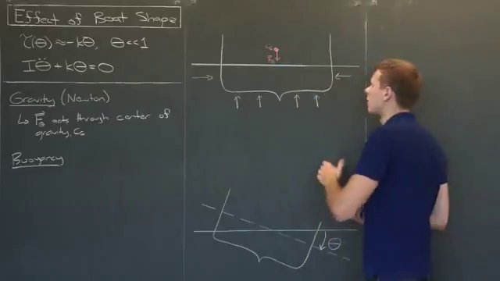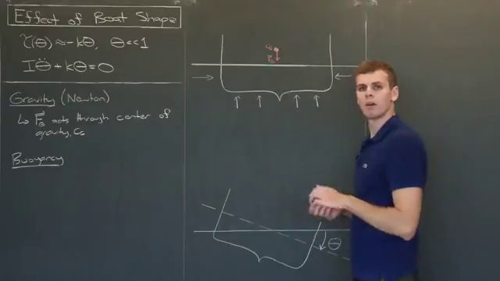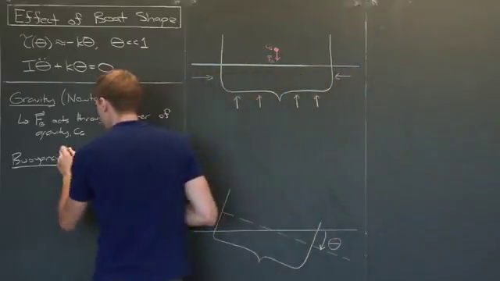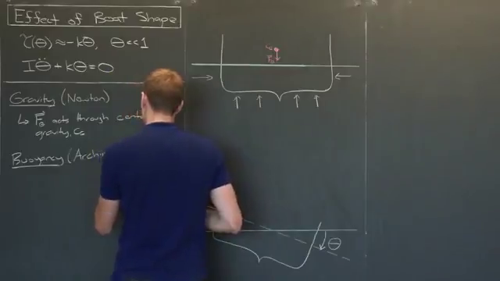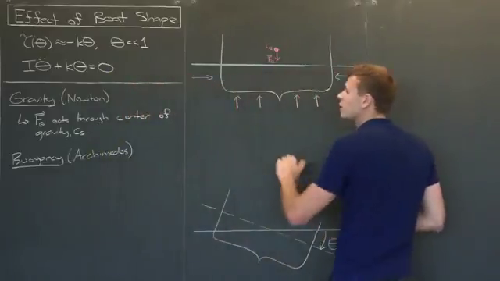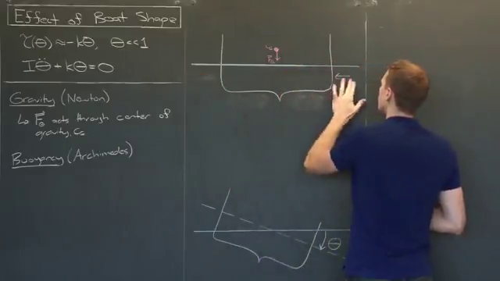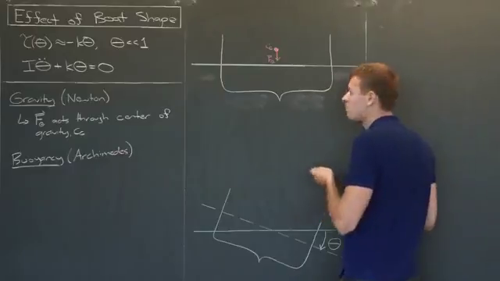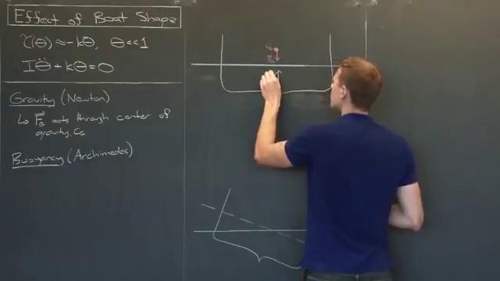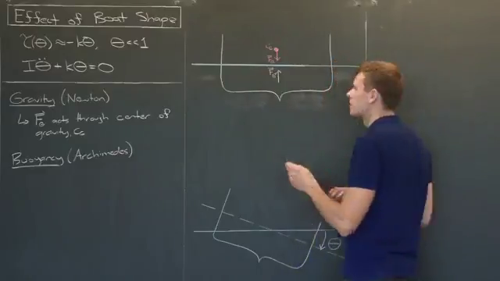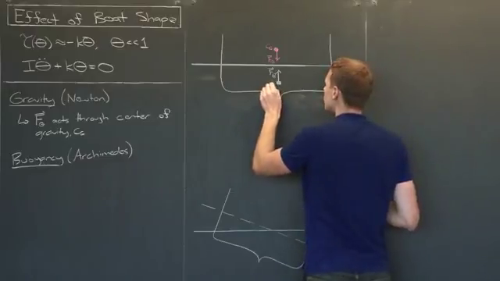Just like we were able to treat the force of gravity as a single force acting through a single point, there is a theorem called Archimedes' principle which states that we can treat all of these pressure forces as a single force of buoyancy that points up, which I'll label by F sub b, and that acts through a single point called the center of buoyancy, which I'll label by C sub b.